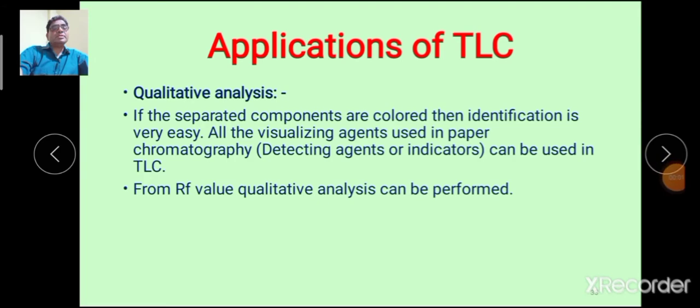Application of TLC in qualitative analysis. Now students, from the RF value, qualitative analysis can be performed.